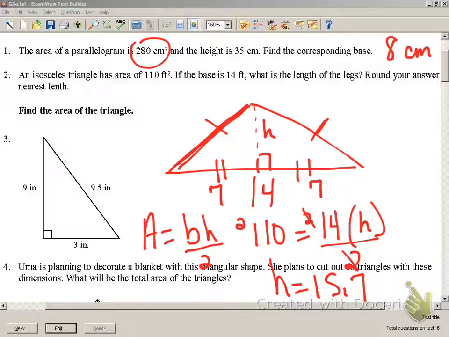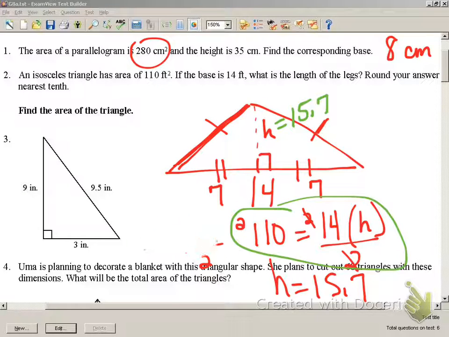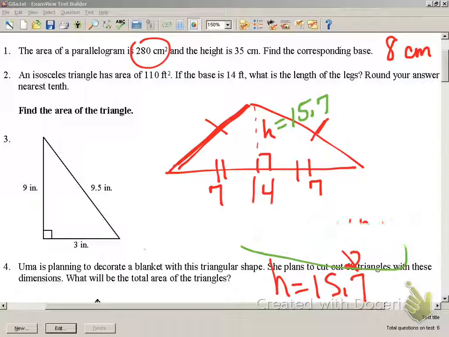Well, when I multiply 2 times 110, I get 220. I just put it all in the calculator, instead of showing all my work. So 220 divided by 14 gives me 15.7. So now, with all that being said and done, h equals 15.7.